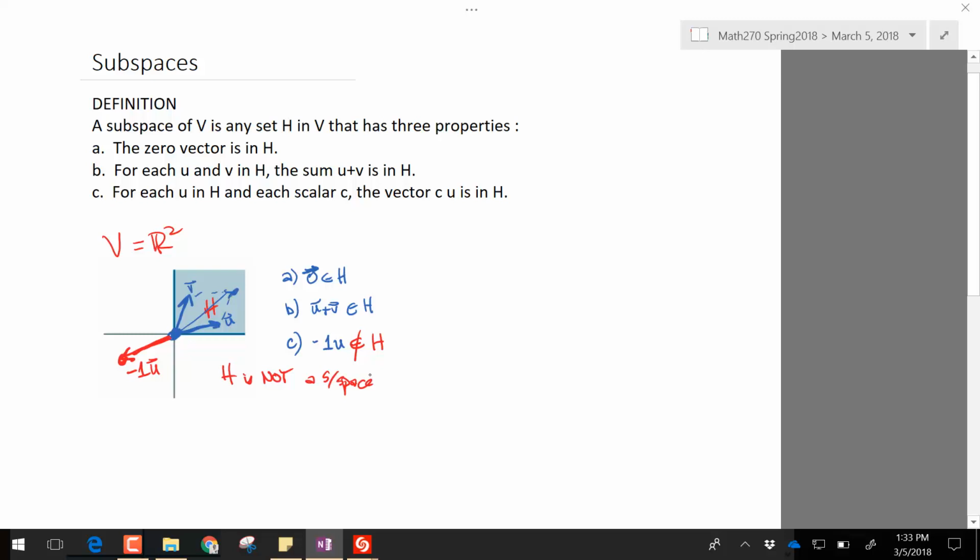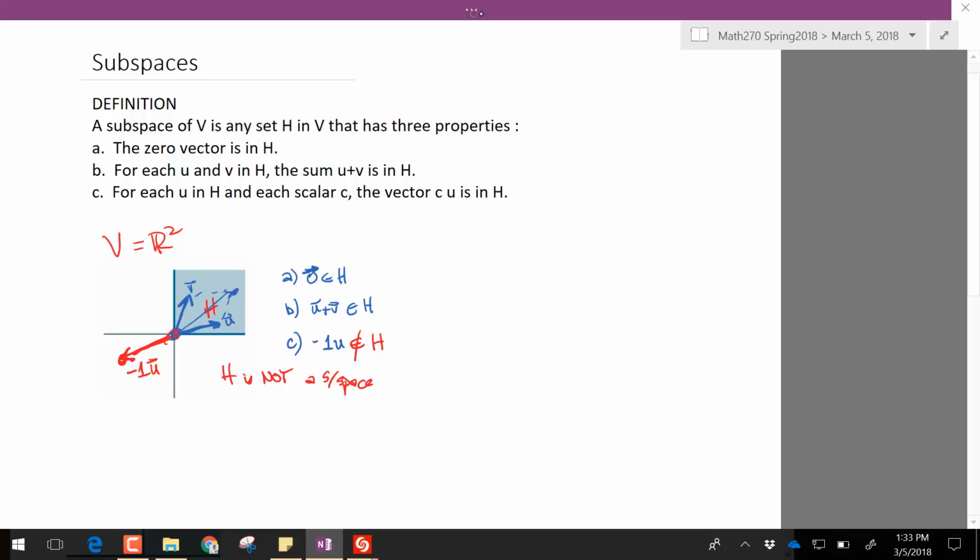All scalars, in this case, the scalars are all real numbers, so anything. Oh, because you're including the boundaries here, and the 0 vector is right here. That includes the boundary. Okay?